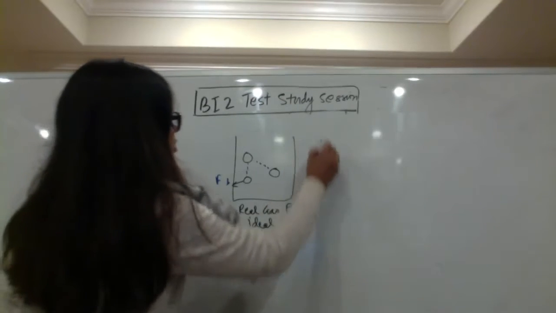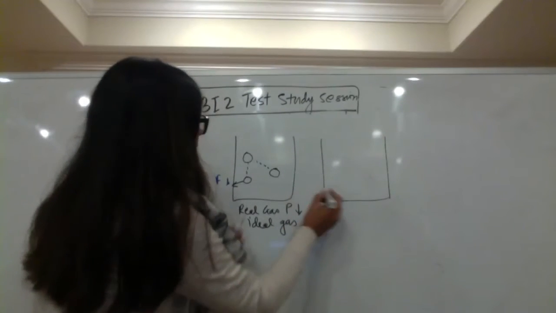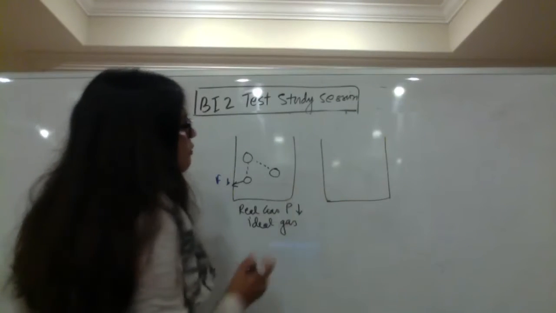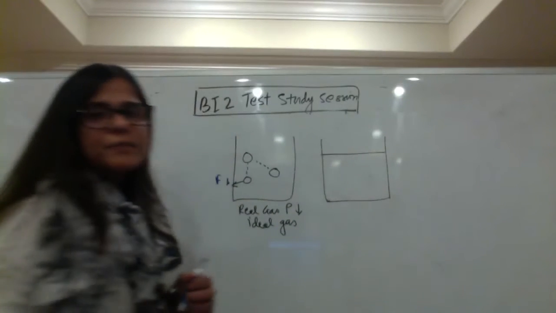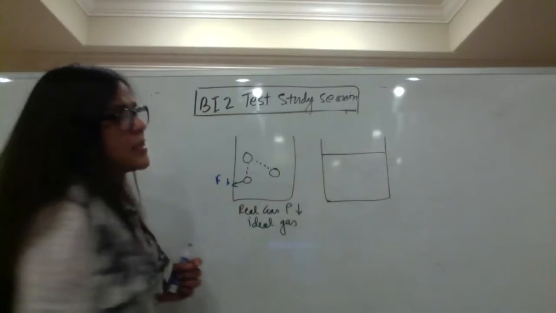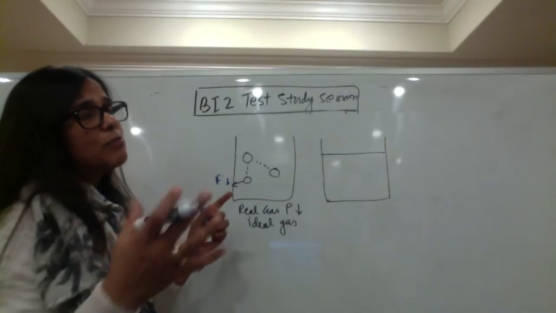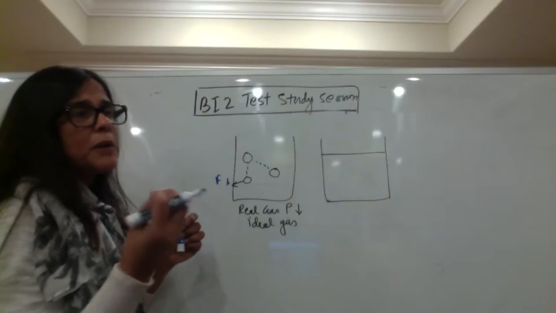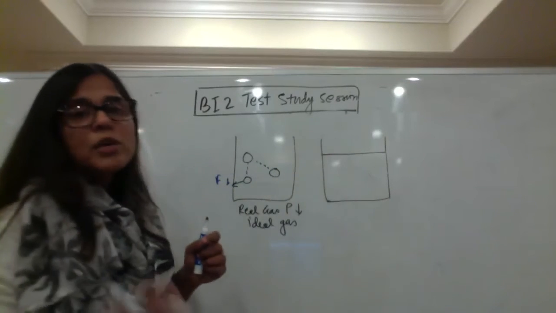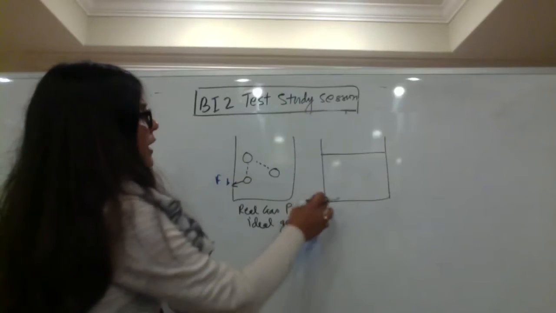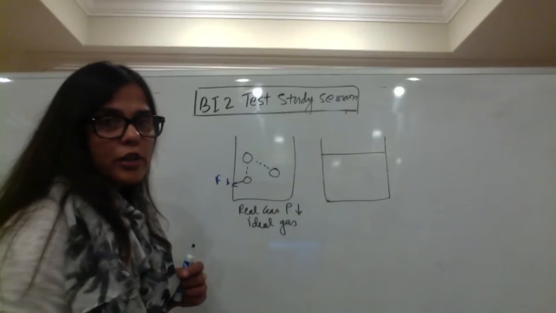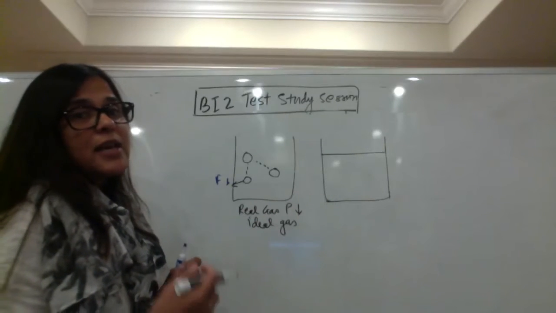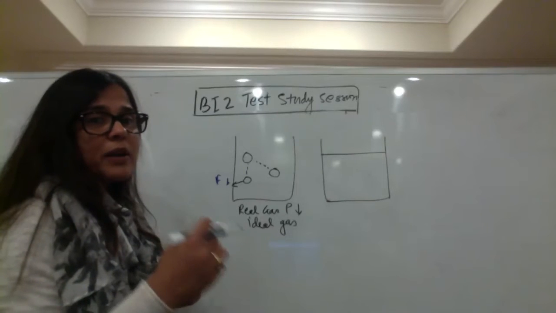The second assumption is that the gas molecules are far apart, and the volume that they occupy is the total gas volume. The KMT says that most of the space is empty. If you were to compare the gas particles' volume to the overall volume, it is a very, very small fraction of the overall volume. So gas particles have negligible volume, but in real life, they do not.